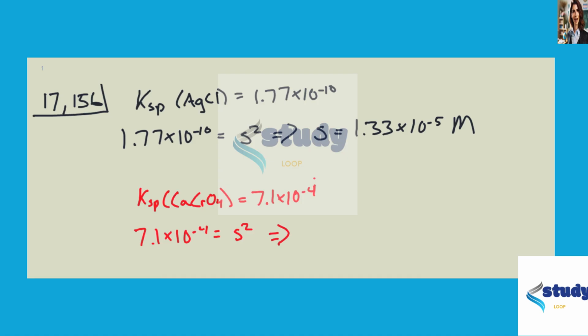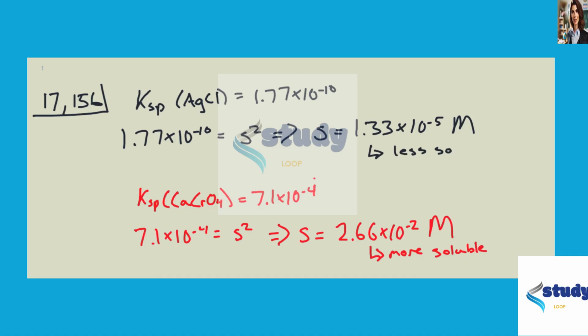And we can solve for S by taking the square root and getting 2.66 times 10 to the minus 2. So we can see that from these two examples, this compound is more soluble, whereas silver chloride is less soluble.